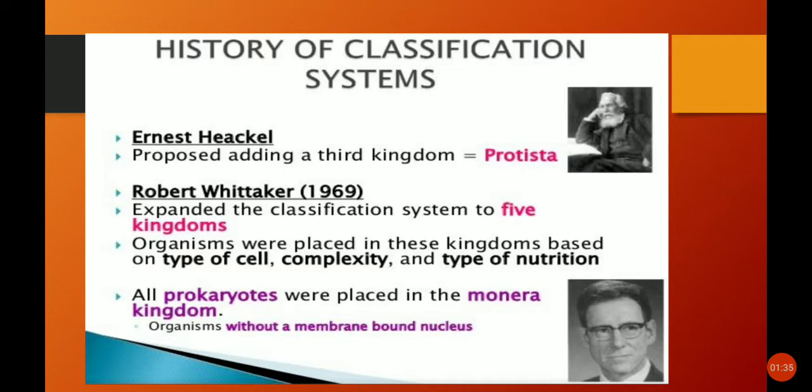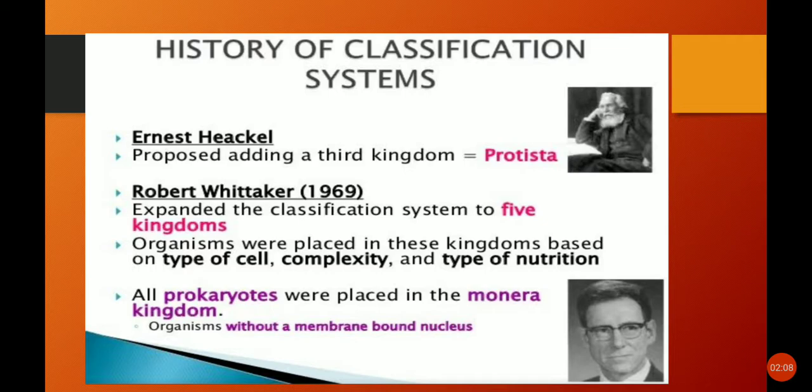Ernest Haeckel proposed adding a 3rd kingdom, Protista. Finally, Robert Whittaker expanded the classification system to 5 kingdoms.